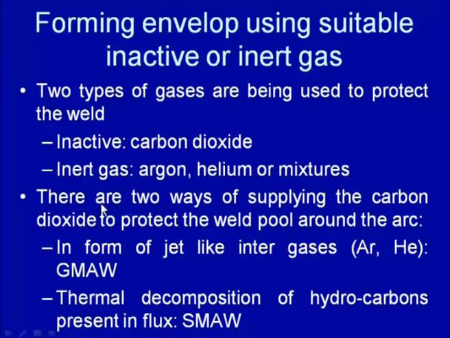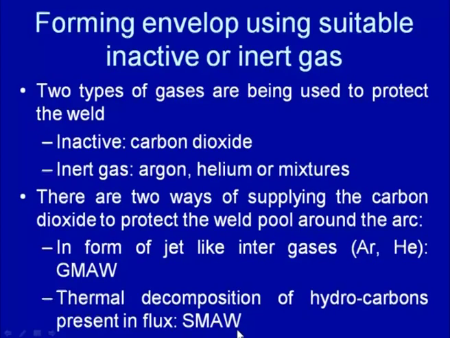And if we see here, there are two ways of supplying the shielding, or forming an envelope around the weld pool to protect it from atmospheric contamination. One is we can form a jet of inert gas like argon and helium, in case of gas metal arc welding or tungsten arc welding. So, one approach is forming a jet all around; with the help of the jet, a cover is formed around the arc. Another is using the flux or the coating material having a large percentage of hydrocarbons.